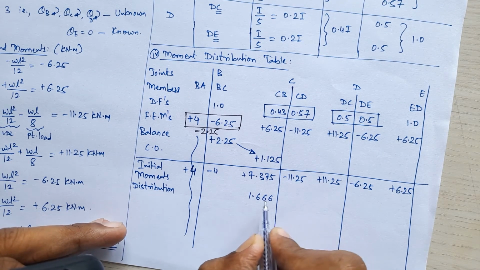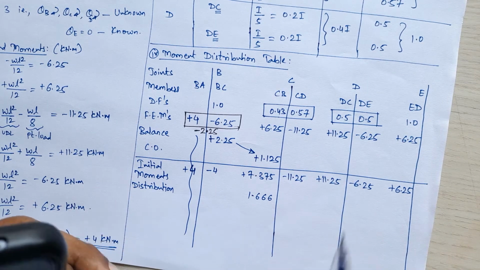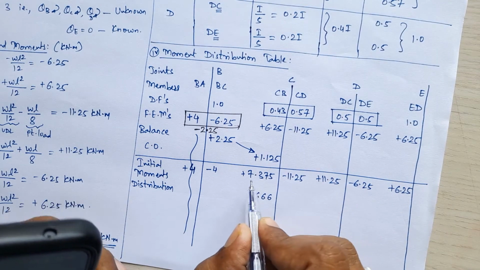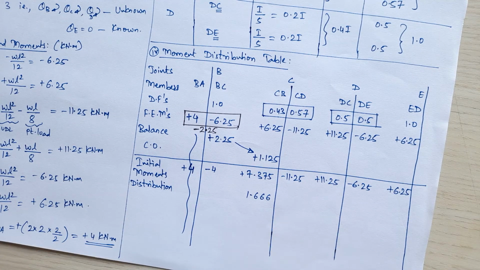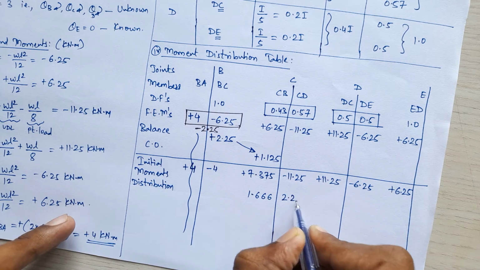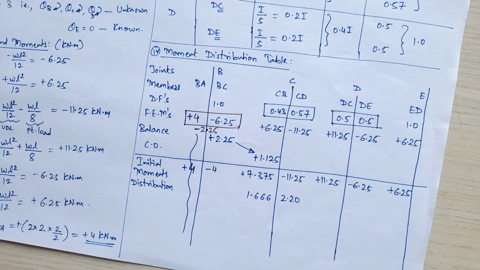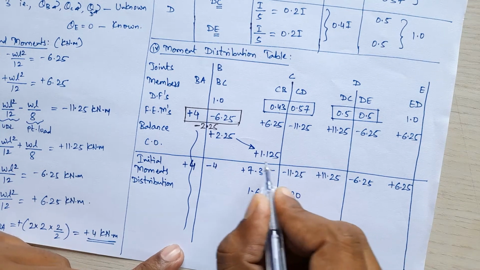You can write 2 decimals or up to 3 decimals here. But you are getting this negative. Again, 3.875 multiplied by your distribution factor 0.57, I am getting 2.20, but this magnitude is coming negative.